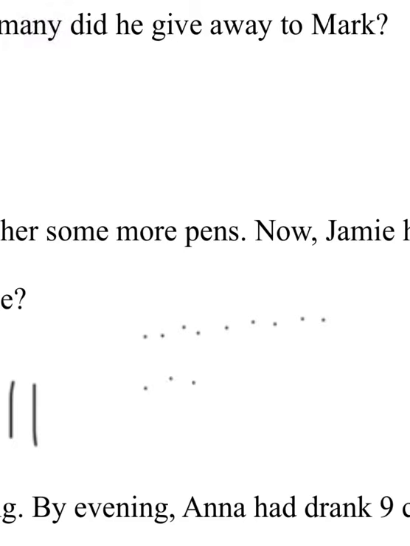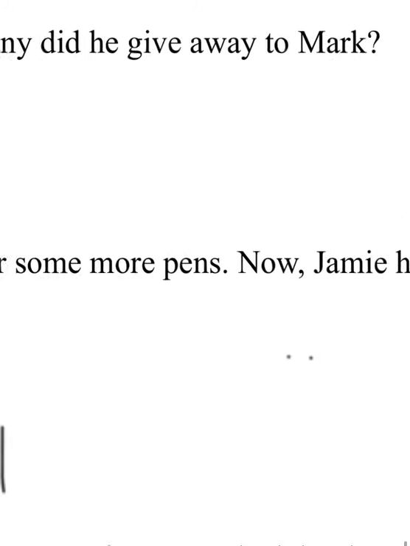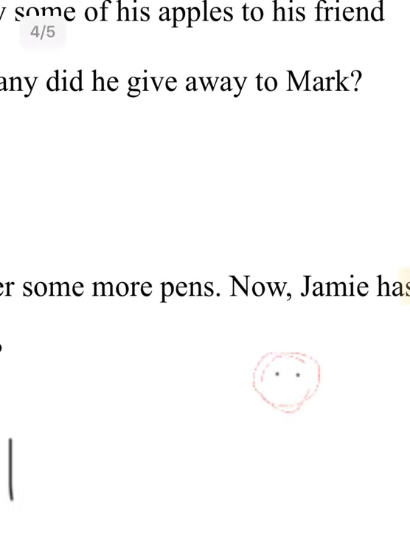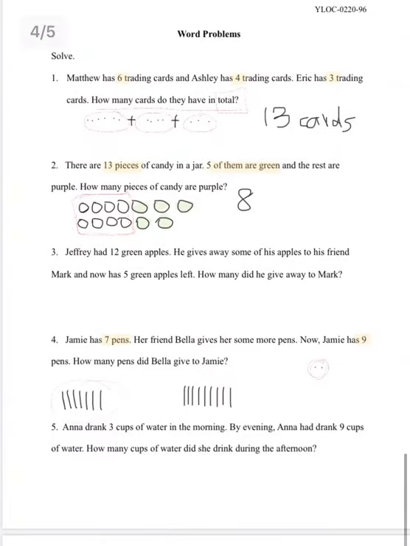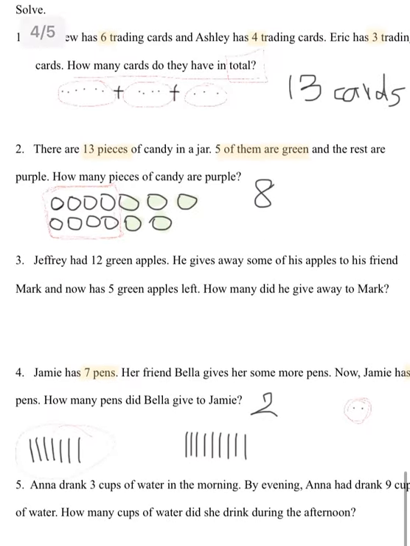So 9 minus 7. 1, 2, 3, 4, 5, 6, and 7. So we know that we have 2 left. So Bella gave Jamie 2 pens.